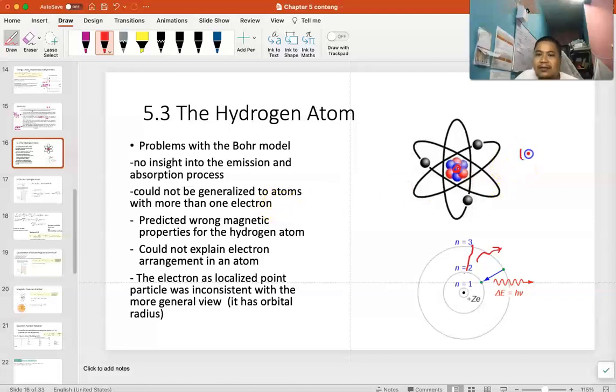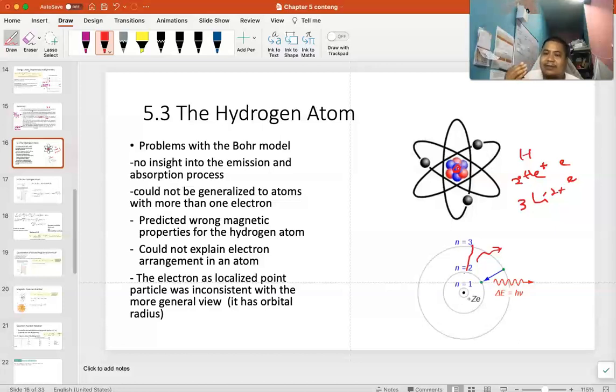For example, hydrogen, helium with charge 1, and lithium with 2 plus. So this is 2 protons, this is 3 protons, but it has 1 electron. So when we consider the neutral atom of helium, which has 2 protons and 2 electrons, it starts to fail. The spectrum that is observed from experiment starts to fail using the Bohr model.